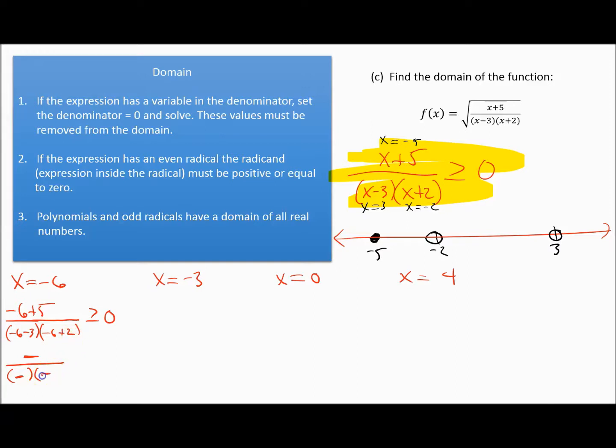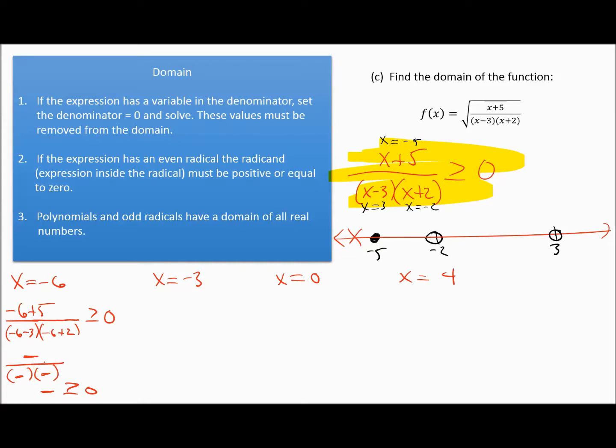Negative 6 plus 2 is a negative number. Now, overall, a negative divided by a positive is a negative. Is a negative greater than or equal to 0? It's not. So I do not include that. Okay, so you can save yourself a lot of brain power and not actually do the calculation, just work with the signs.